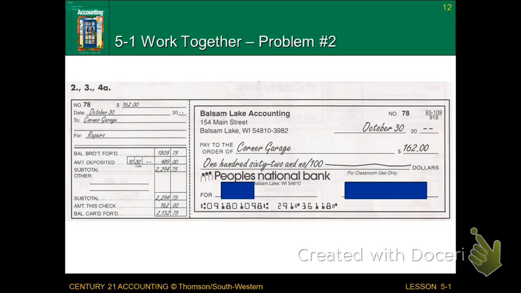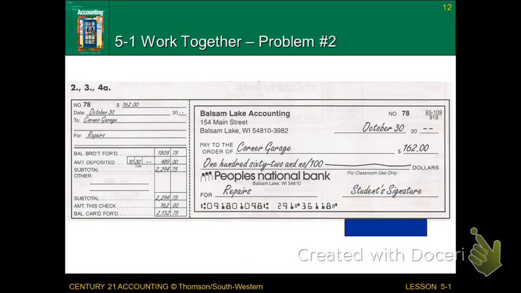And don't forget, if you have any remaining space left, to draw a line so that no one can write any additional amounts without your permission. This check was written for repairs, and then we would have our signature on the very bottom to give permission for this check to be given to the corner garage and deposited or cashed, whatever they prefer.